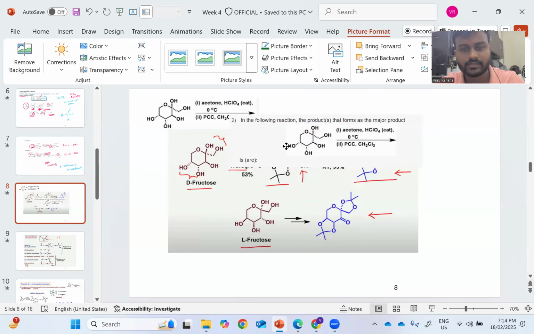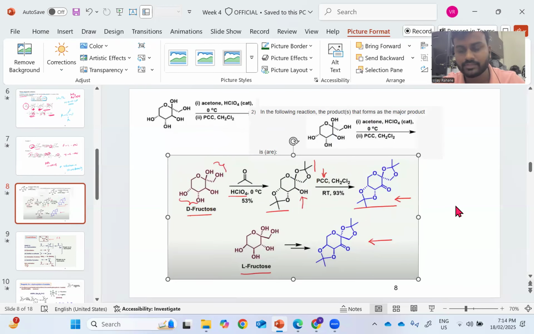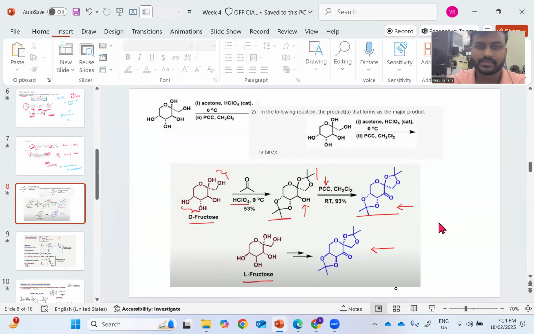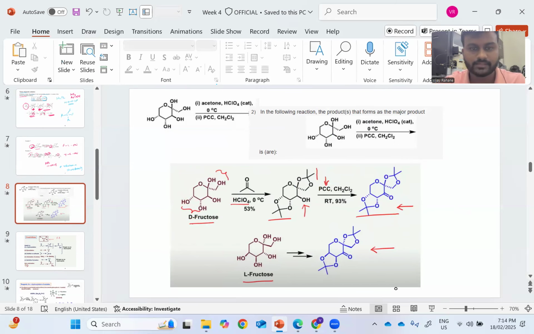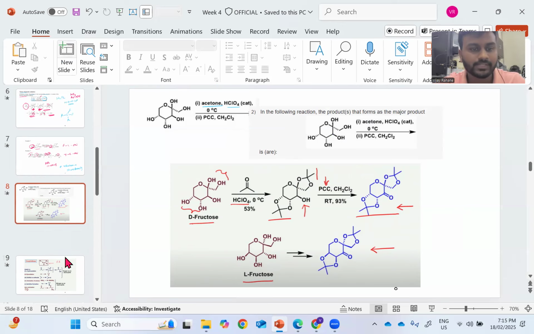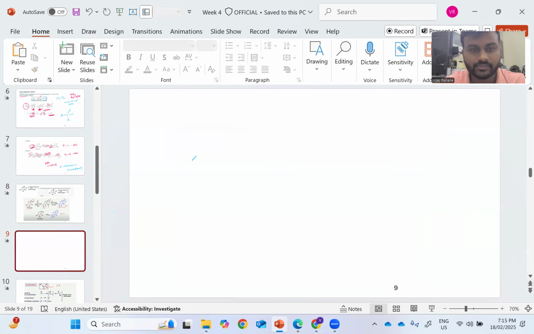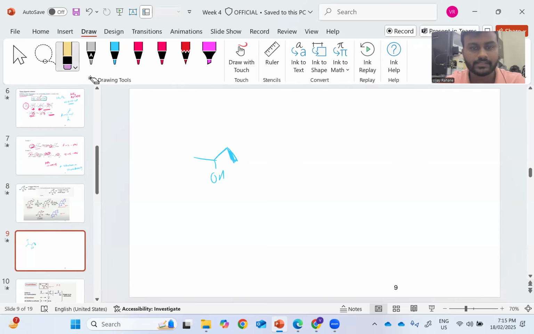If you look at the question, what's happening here is the similar intermediate is given, and it is acetone in presence of HClO4. So what happens when you add acetone in presence of HClO4? I will just insert a new slide. Let's say we have any hydroxy group, 1,2 hydroxy, and to mention the stereochemistry better, I will add it in the ring form, so it will be easy for understanding.